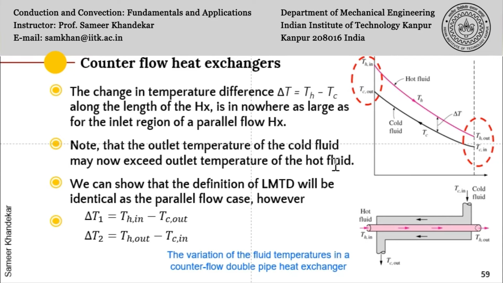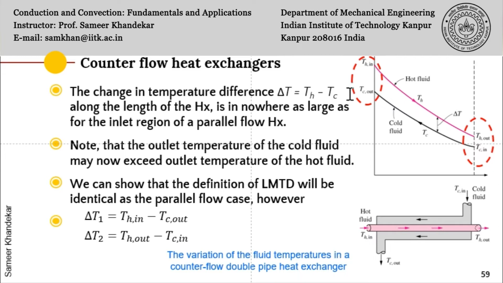If we do the entire derivation, which is long and which we will avoid doing here, we will see that in this case also the expression for LMTD comes out the same. However, the way delta T1 and delta T2 are interpreted in the case of a counterflow heat exchanger is somewhat different, in the sense that delta T1 is Th in minus Tc out. So you again take the temperature difference on the left and the temperature difference on the right, and that remains identical to the previous definition for a parallel flow heat exchanger.